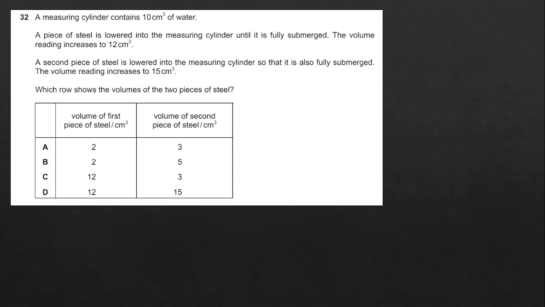Let's look at question 32. A measuring cylinder contains 10 cm cube of water. A piece of steel is lowered into the measuring cylinder until it is fully submerged. The volume reading increases to 12 cm cube. So initially we had 10 cm cube of water in our container.